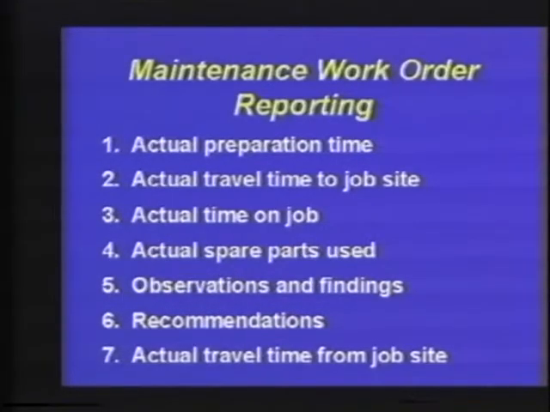Now, you'll notice that steps 1 through 7 are in succinct order. Those are the types of reports that we would get if the data from page number 1 was reported properly.